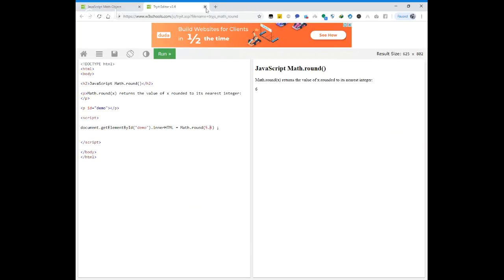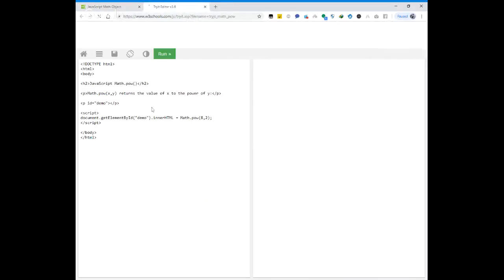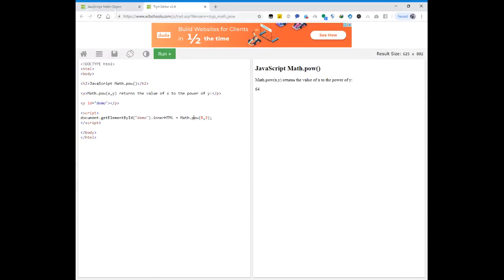Now let's talk about another function of JavaScript, which is Math.pow. As I had discussed with you, Math is a main object and we are applying properties on it. This time we are applying power. This means raise it to exponent 2, and it will give 64. 8 times 8 is equal to 64. 10 times 10 is 100.